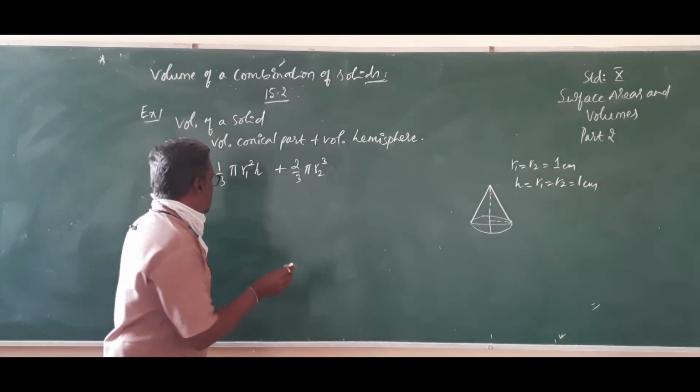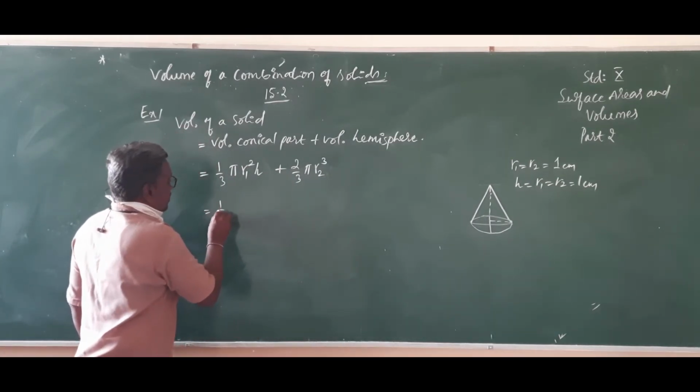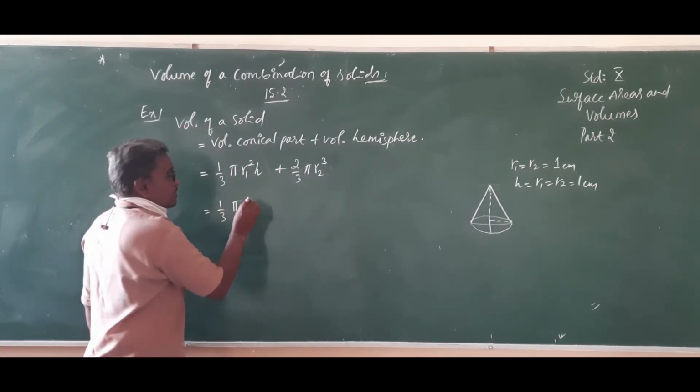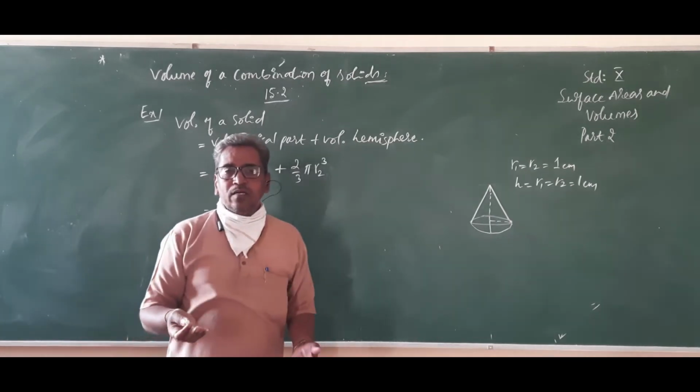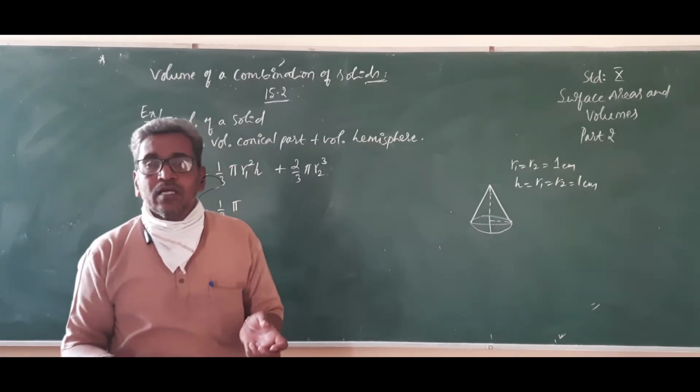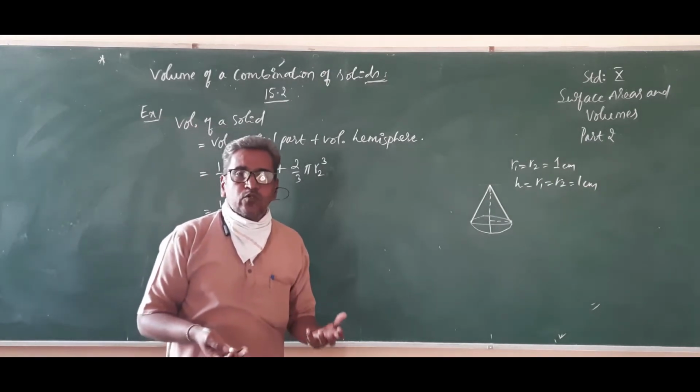So that is equal to 1 by 3 pi. They are asking to find the volume of this solid in terms of pi, which means there is no need to substitute the value of pi.